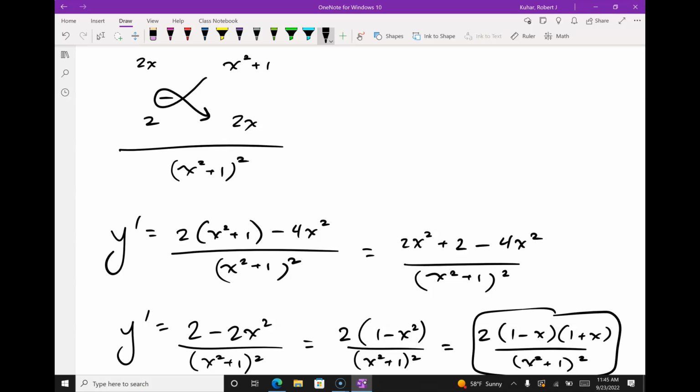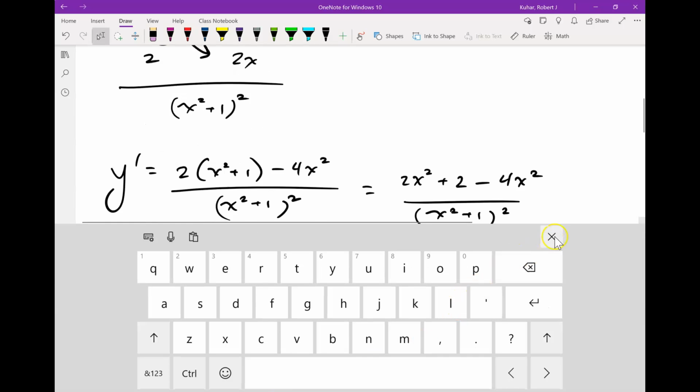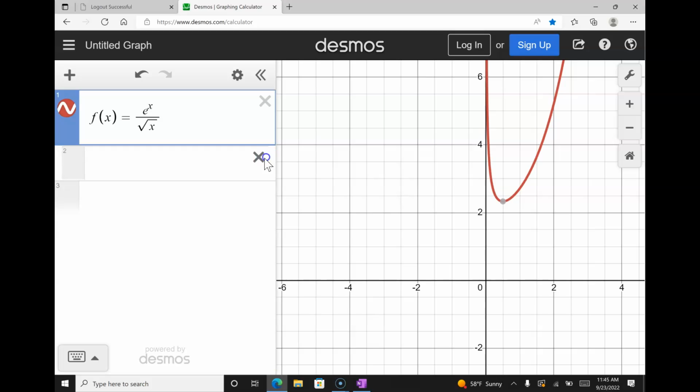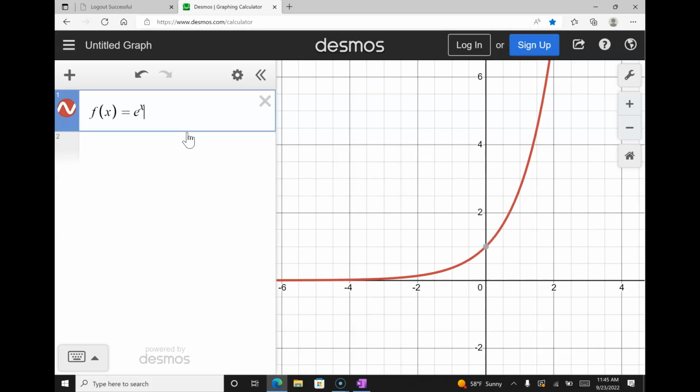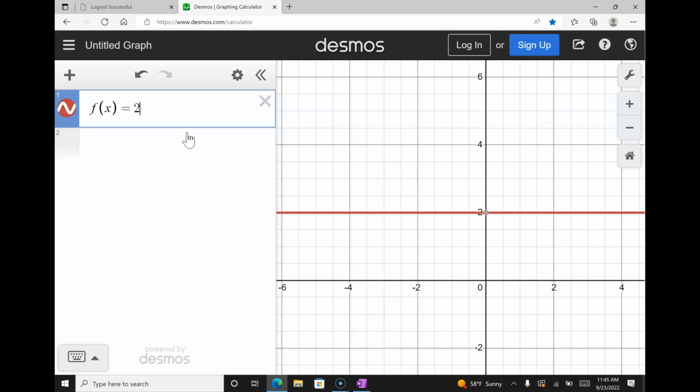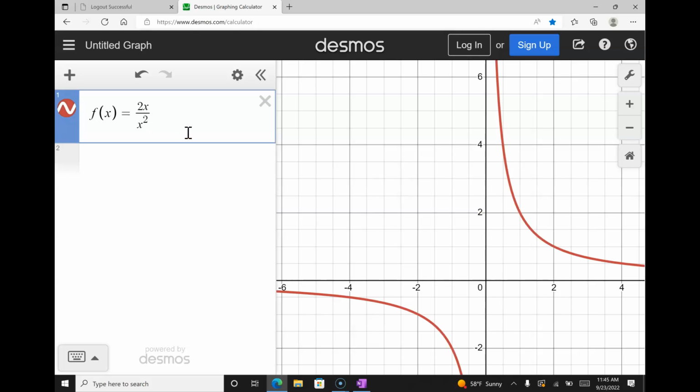Look at the graph. It's called a serpentine. Maybe we'll see why. Look, 2x over x squared plus 1. Serpentine. Ever been in San Francisco?